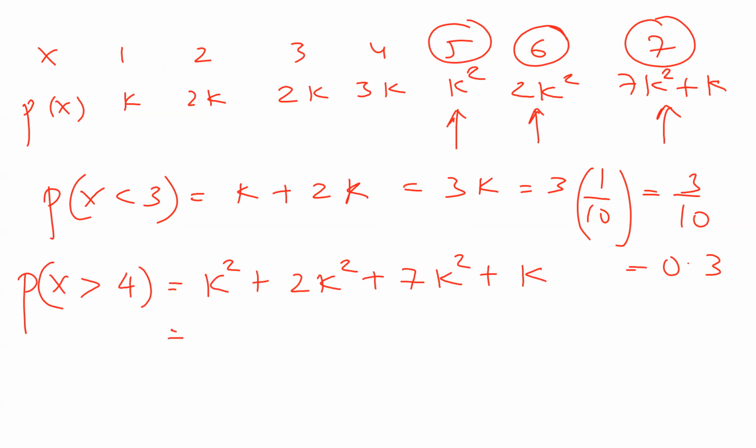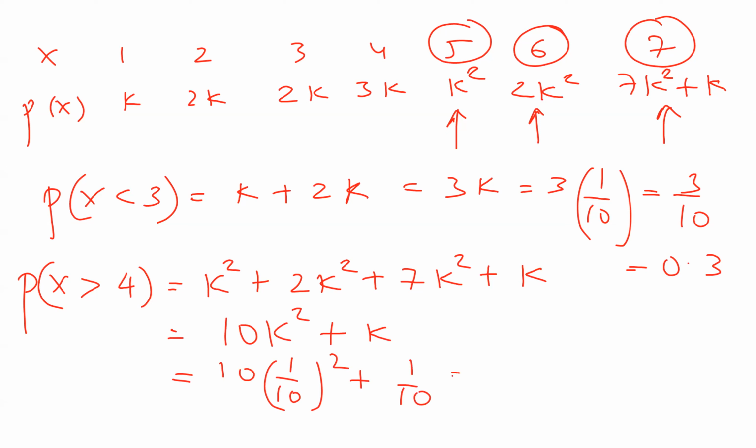So this will be 10k square plus k, and put the value of k as 1 by 10. So this will be 10 into 1 by 100 plus 1 by 10. 0 0 will get cancelled. 1 by 10 plus 1 by 10, this will be 2 by 10.